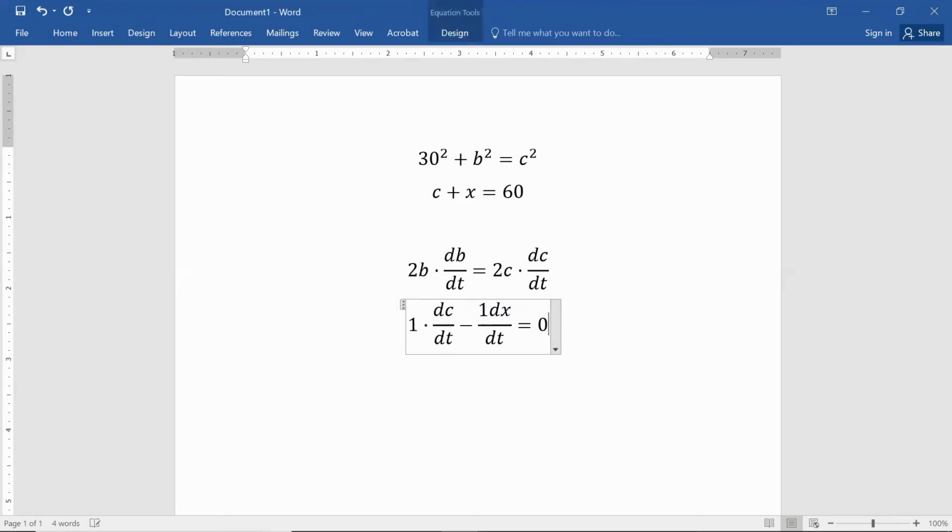So what does this mean? This means the change in the length of rope from the man's hand to the pulley is the same as the change in the length of rope from the pulley down to the weight. I hope that makes sense.